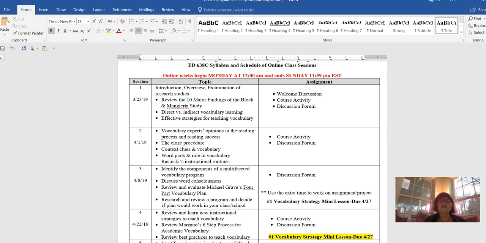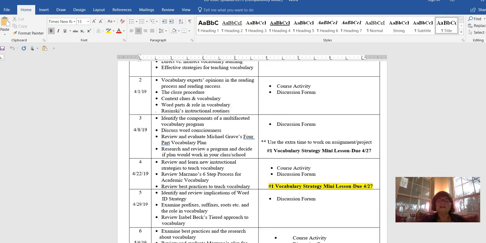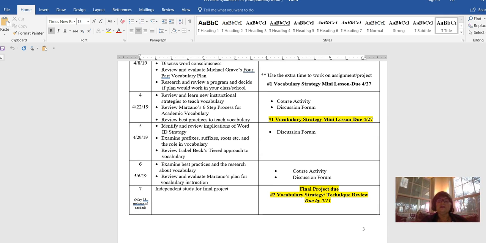Sometimes we address them in reading or text. Usually they're always in the PowerPoint, and you will be asked to do certain activities regarding the weekly topics. And then there's a discussion forum that you'll do each week. That's listed in your syllabus. The dates are on the side.